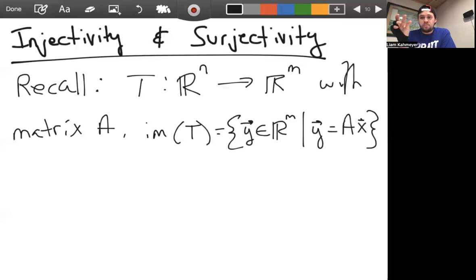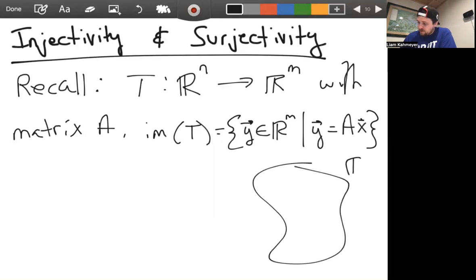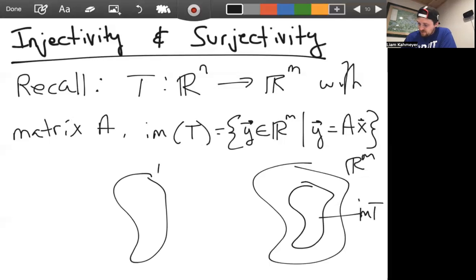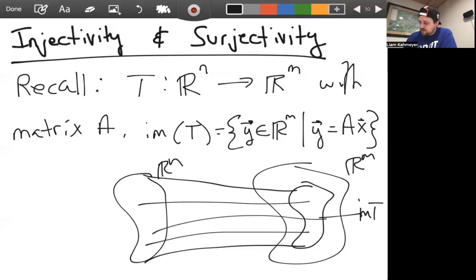such that all of those points are mapped from something, or there exists some other point that's mapping to Rm here, right? And so I drew the schematic here where you have Rm, and then maybe inside Rm you have the image of T. And then you have Rn here, and you're mapping Rn to Rm somehow by T, right?